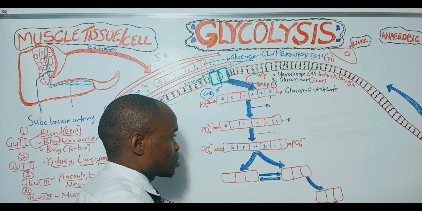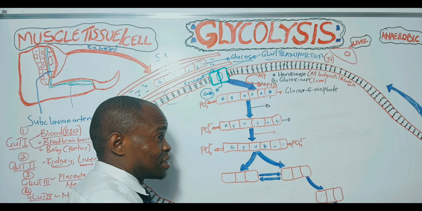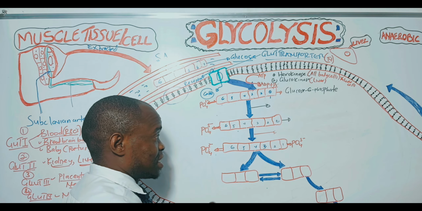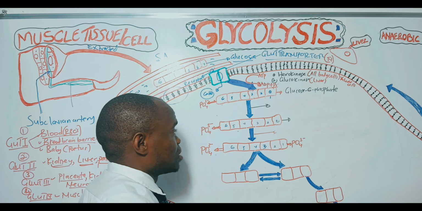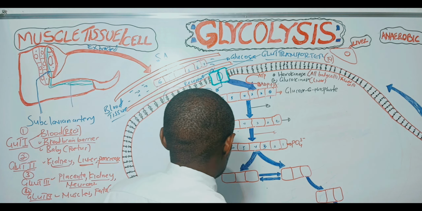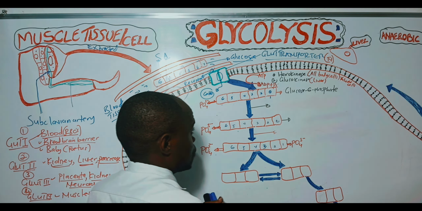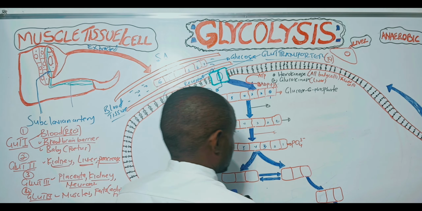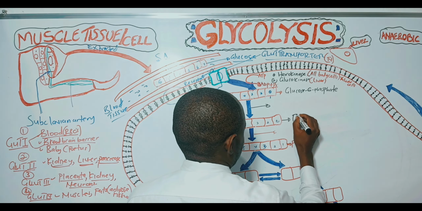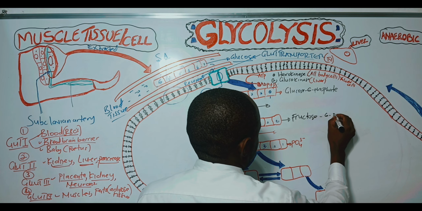The hydrogen atoms, the carbon atoms, and oxygen atoms are the same, but what we're going to have is just an arrangement of the bonds. So when you isomerize, you form the fructose 6 phosphate.